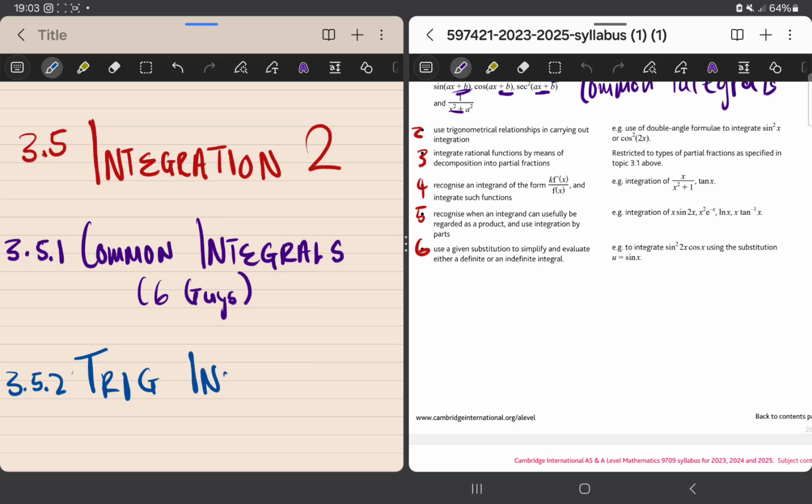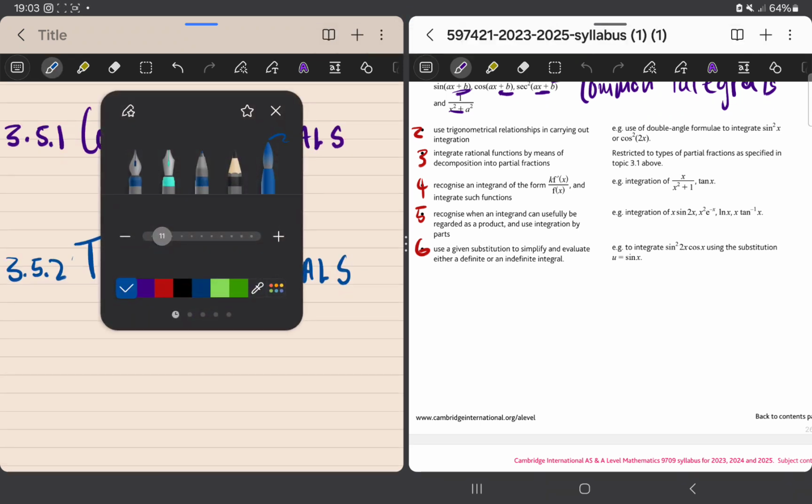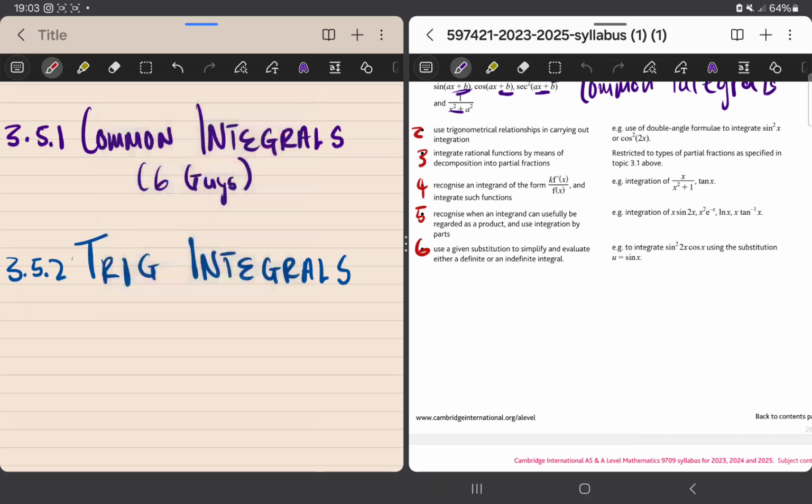What are trigonometric integrals? It is when you use relationships of trig to integrate. There are certain guys that when you're integrating them, you have to use things you learned in trig. That is why you must master those compound angle formulae. We'll go back to it, but that is your chapter 3. So anyway, let's see the next thing now.